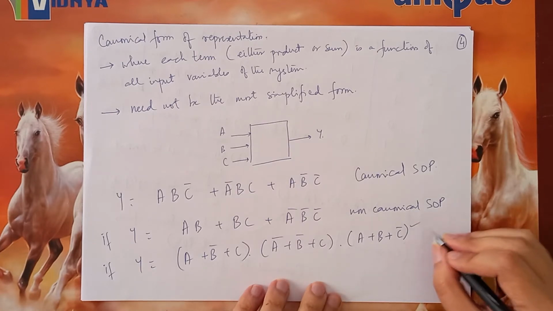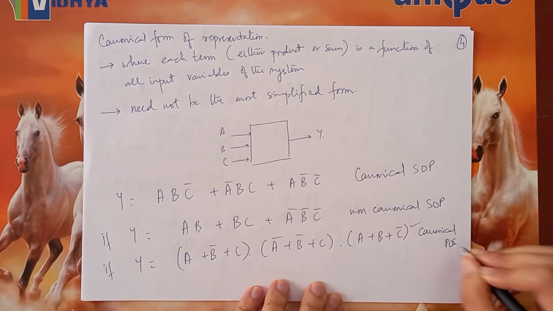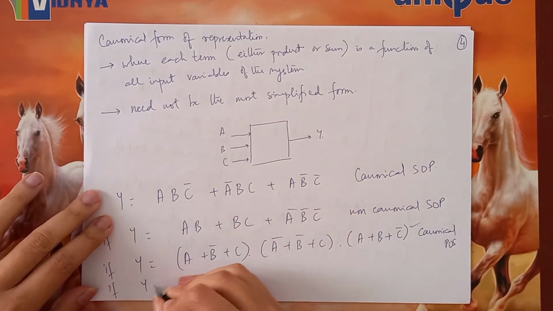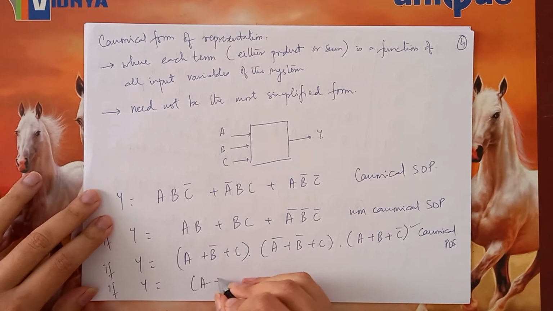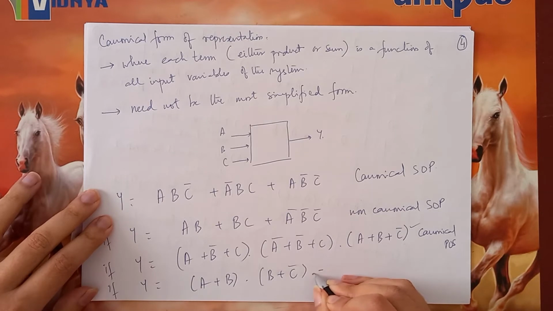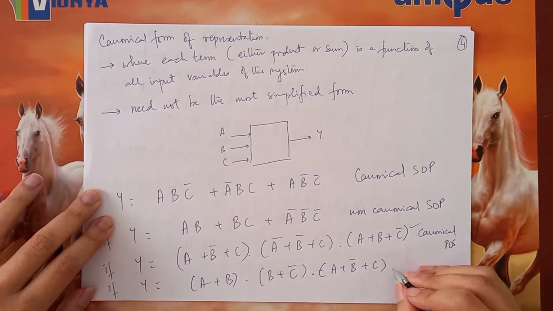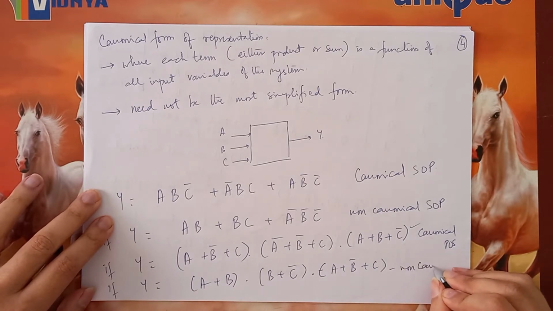So this is a canonical POS. But if Y is something like (A plus B) dot (B plus C bar) dot (A plus B bar plus C), these two terms are now simplified. These individual terms are not functions of all the variables. So this is non-canonical POS.